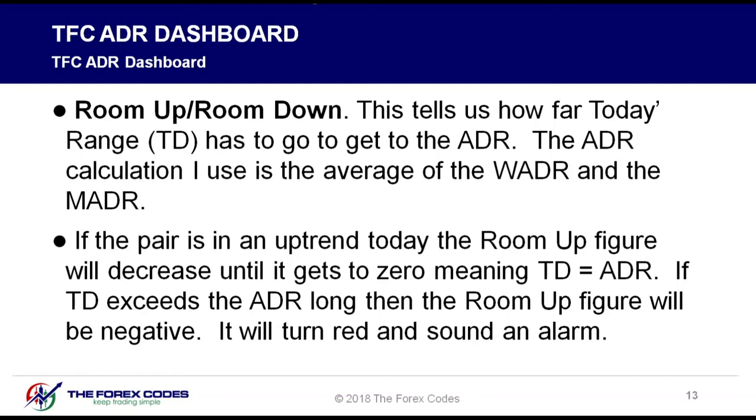Example, if the average daily range, or the weekly average daily range, is 100, and TD, today's range, gets to 101, the room up figure will go to -1. Okay? Now, if you've got a minus room up figure or a minus room down figure, you don't want to be trading in that direction, do you? And if you turn the alarms on, it'll sound an alarm as well. Oh yes, we've got all the mod cons here.